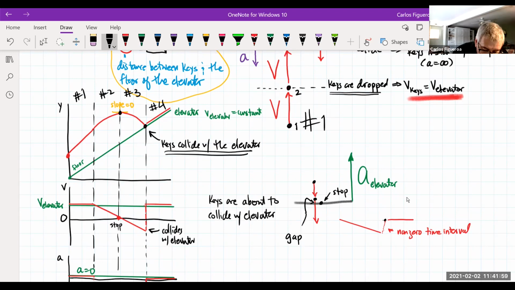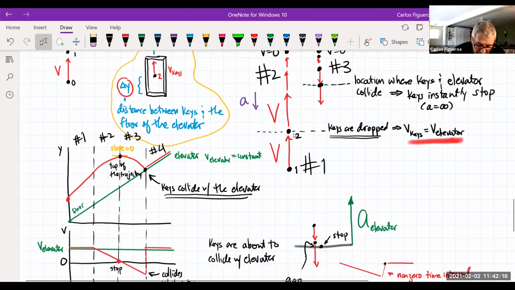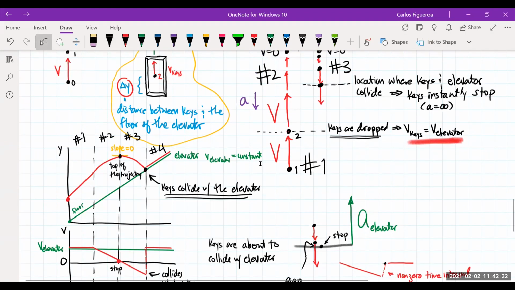Here is where it reaches the top of the trajectory. And what I'm talking about is right here. Here's where it's at the top. That's where this is 0, because it has stopped and now it's on its way down. Oh, okay, that makes sense.